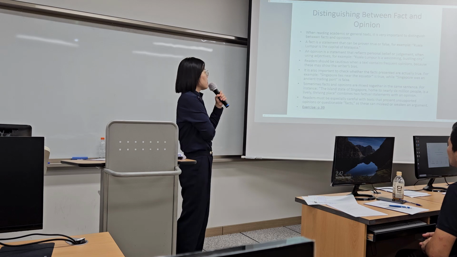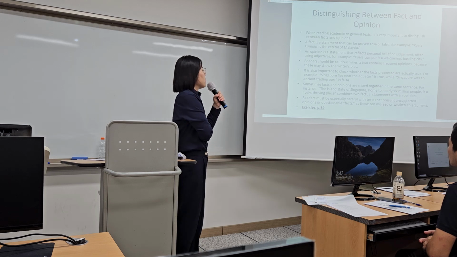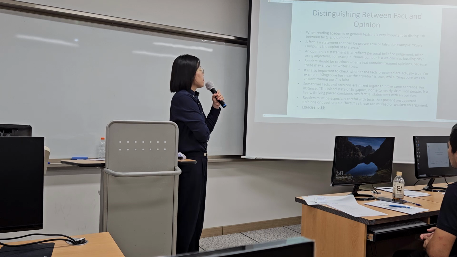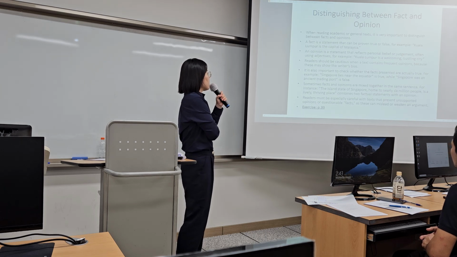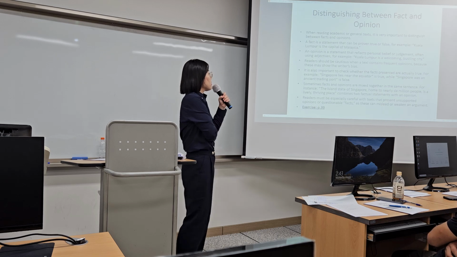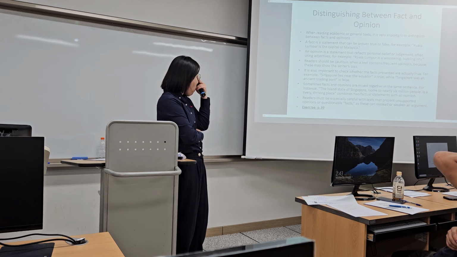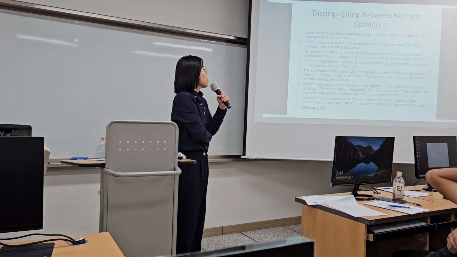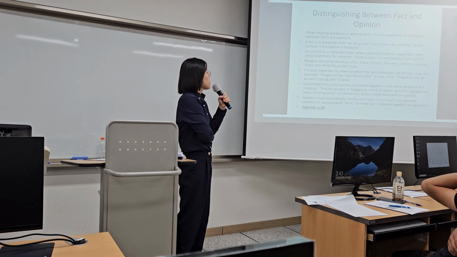Sometimes facts and opinions are mixed together in the same sentence. For instance, the island state of Singapore, home to nearly 6 million people, is a lively, thriving place, combines two factual statements with an opinion. Readers must be especially careful with text that presents unsupported opinions or questionable facts, as this can mislead or weaken an argument.